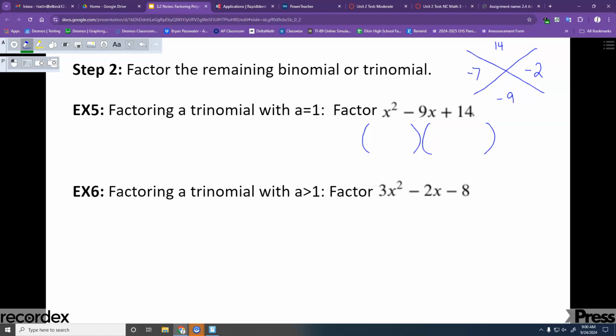Yeah, you're right, and those are the right numbers. Do you remember how to do it when you got a 3 up here? Like on the second one? I think you got to do like 3 times negative 8. I can't remember. I got to go look it up. I'll go look it up in a minute.